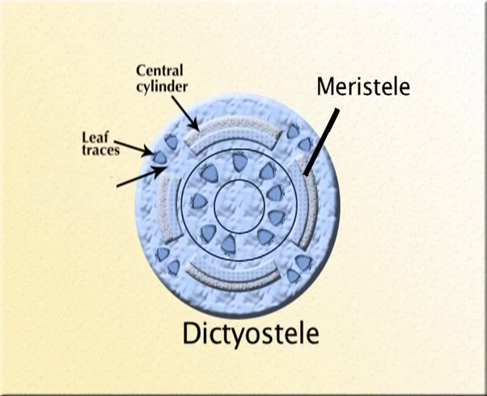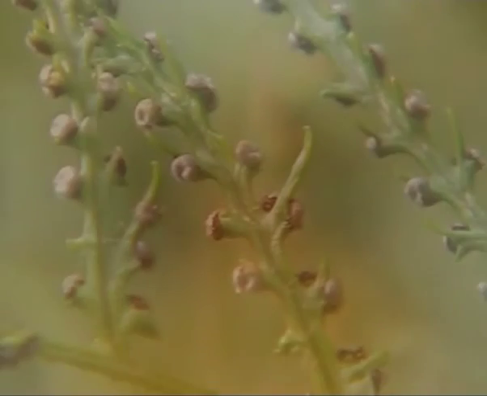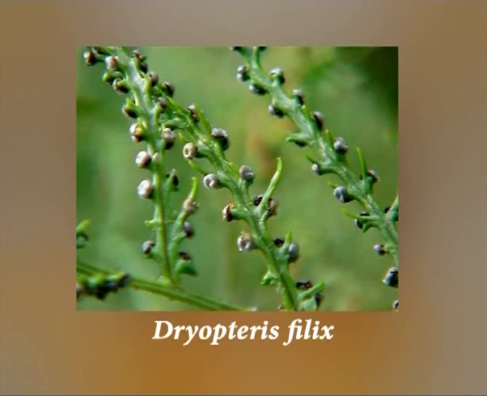These meristeles in a transverse section appear arranged in a ring. Such a stele is known as dissected siphonostele or dictyostele. In a dictyostele, each meristele has the general structure of a protostele. It is found in some species of ferns.